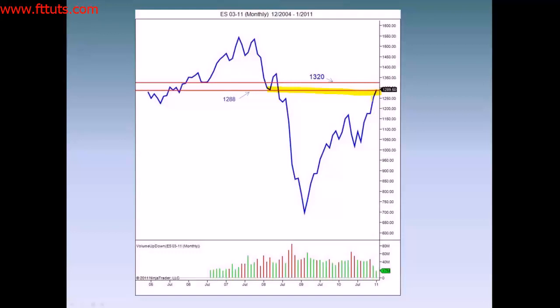It'll be very interesting to see whether it is going to pierce through this level. You've identified already that 1288 is a significant level because it appears on the monthly chart as a resistance line. And the next level up where we need to be attentive is 1320, based on this point here.